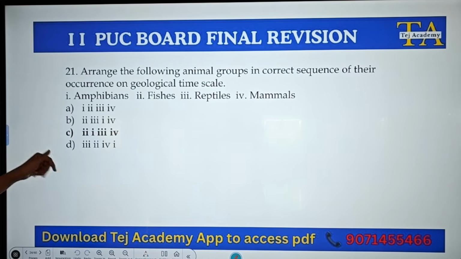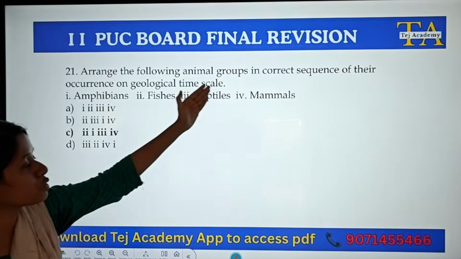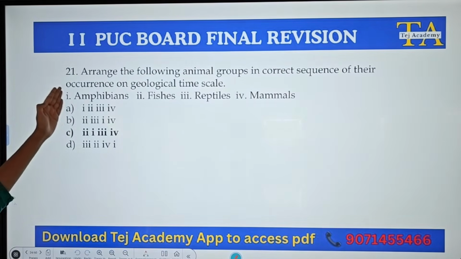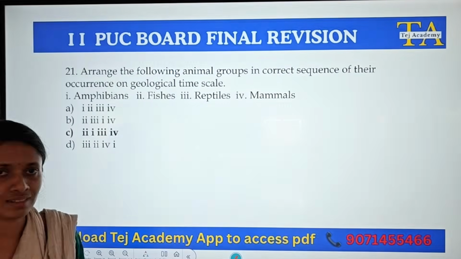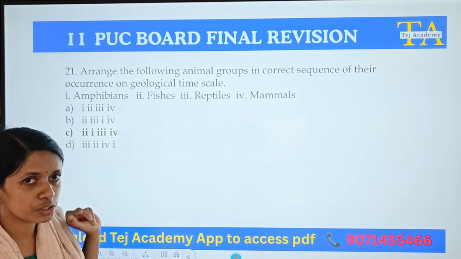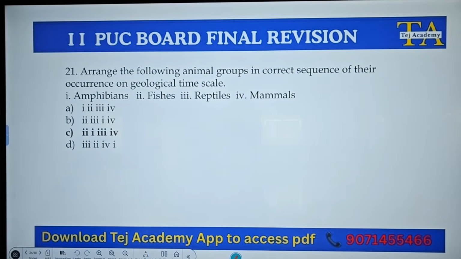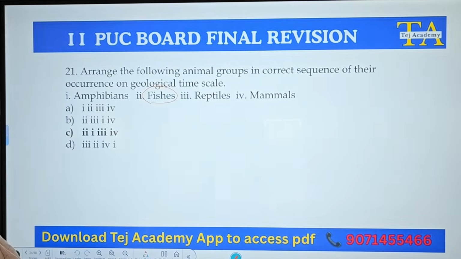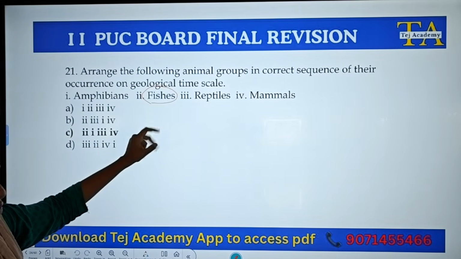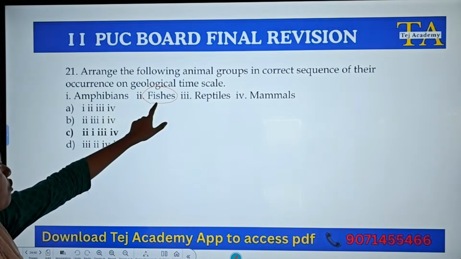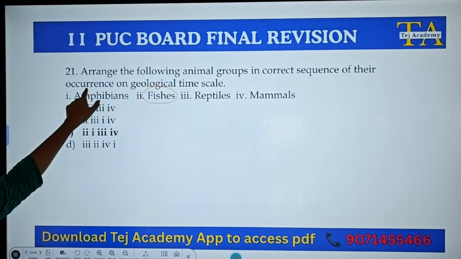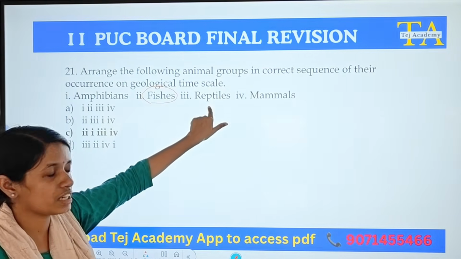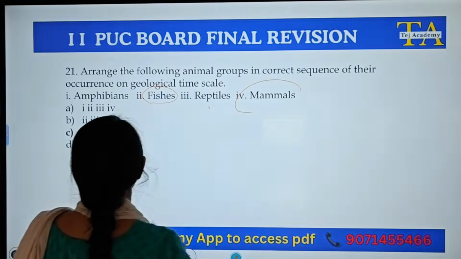And this question is, arrange the following animal groups in correct sequence of their occurrence on geological time scale. This is also a question from the chapter Evolution. And you can see that the correct answer is C, where fishes emerged first, followed by amphibians, then after amphibians reptiles came, and finally mammals.